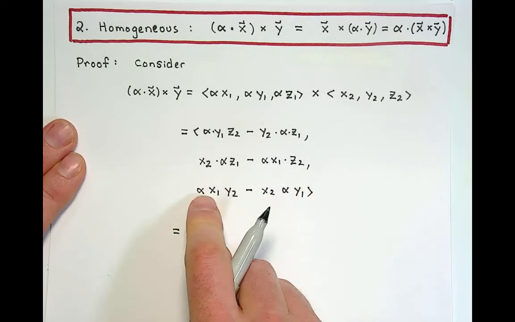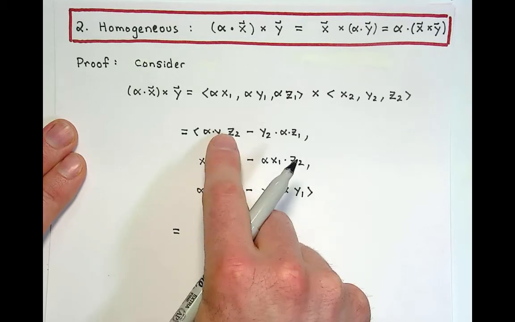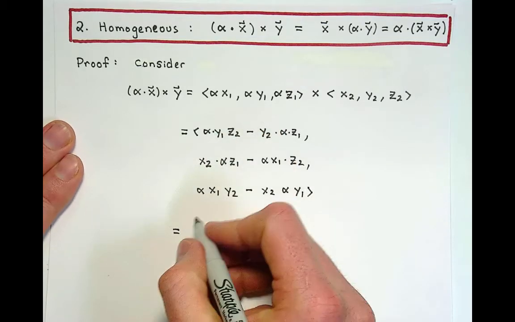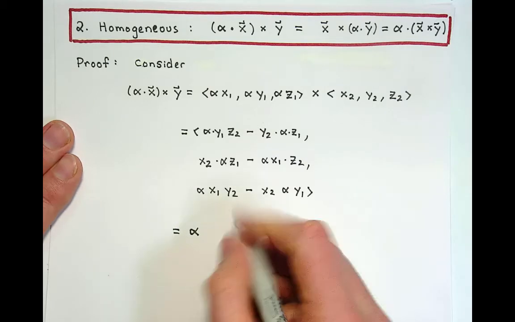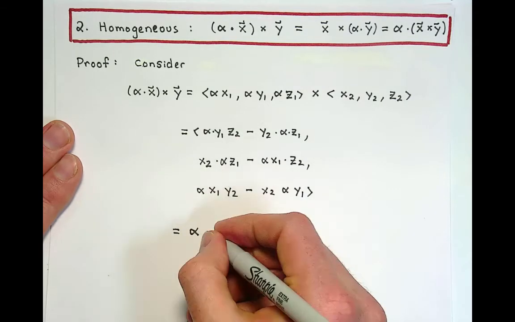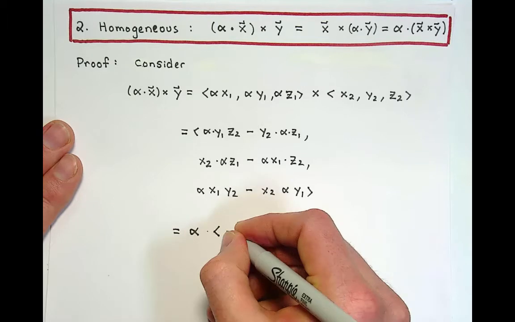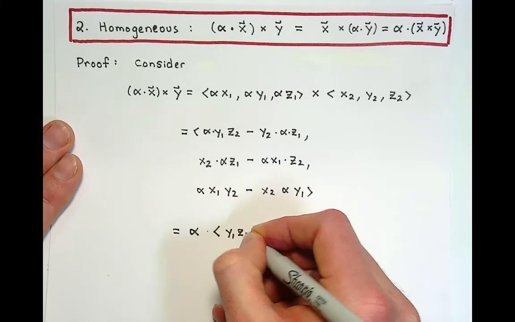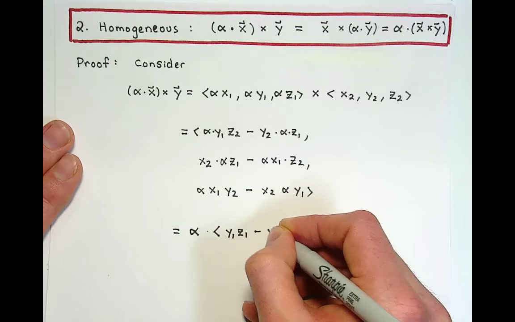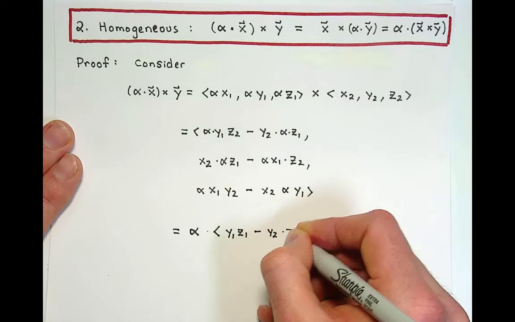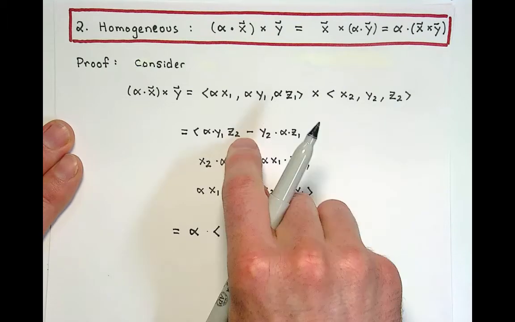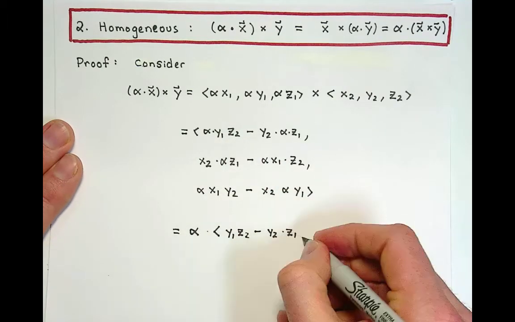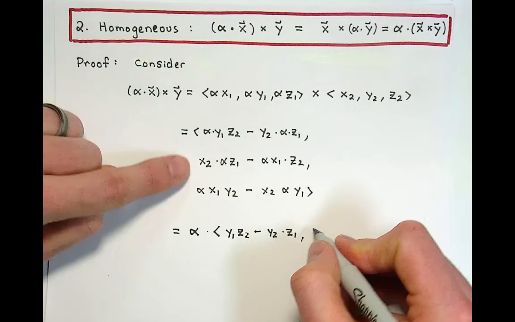Notice that we can factor out an alpha from every single scalar involved here. I'm going to do that all at once. Now I have y1 z2 minus y2 z1. And then again here I factor out an alpha.